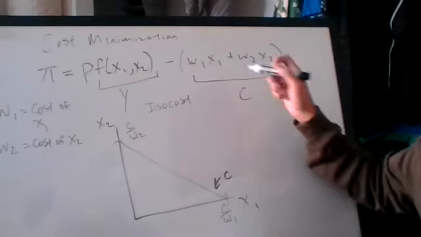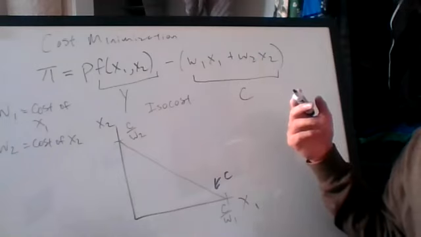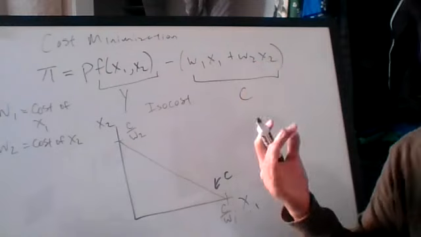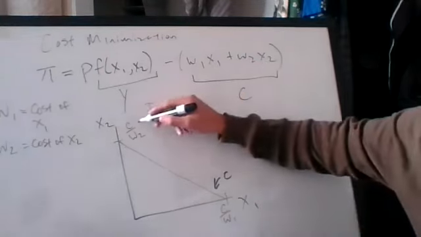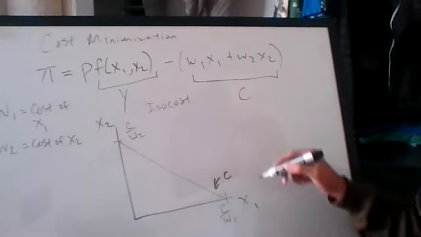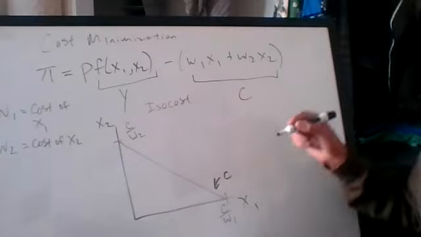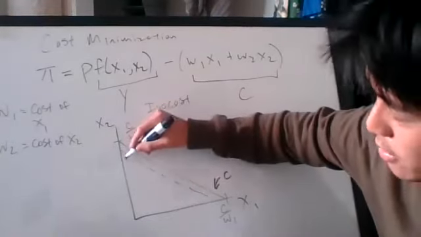However, you can decide how much inputs you really want to choose. The amount that you can lose in terms of cost is infinite. And so there are going to be different levels of C existing on this X1 and X2 axis, meaning that we have infinitely many ISO costs, right?